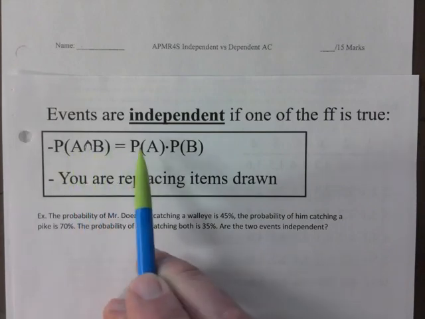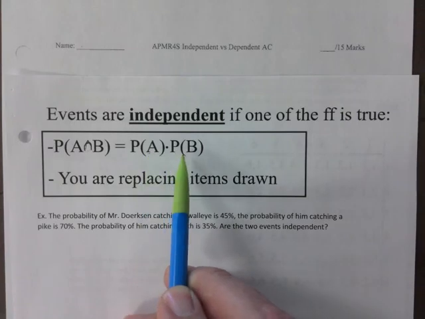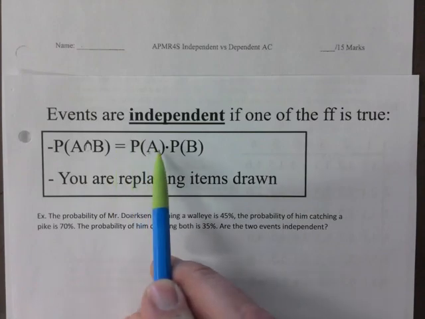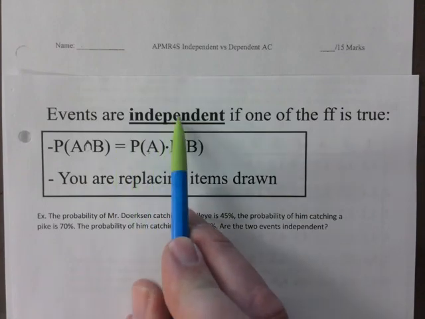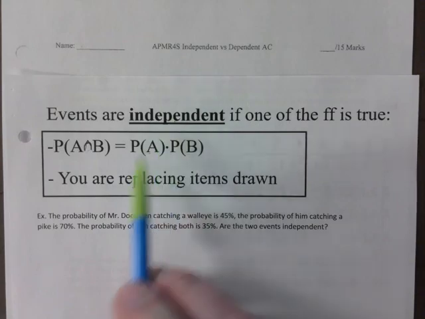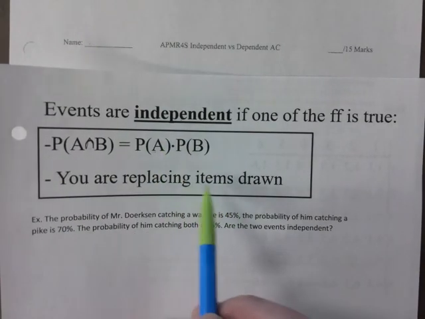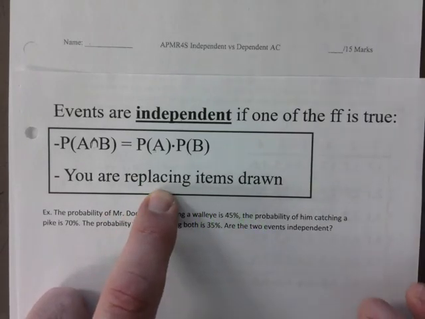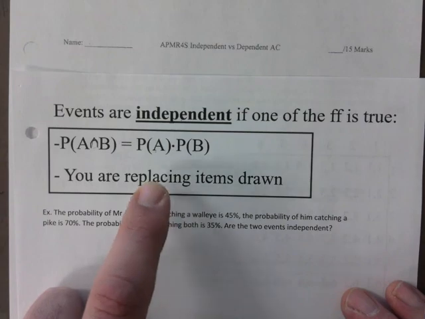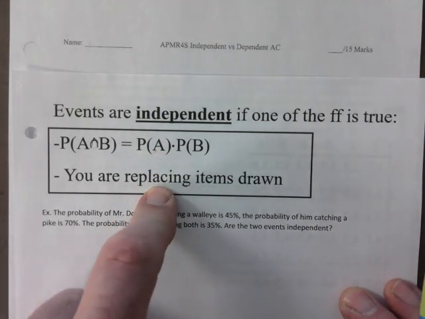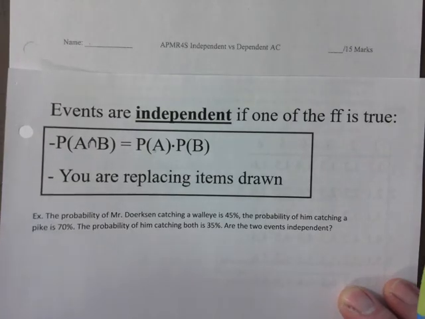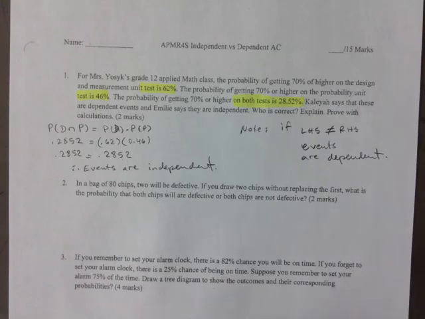Probability of A and B is probability of A times probability of B. So if you can see that the left-hand side is equal to the right-hand side, then the events are independent. If you're replacing items that are drawn, then if the question says that, then obviously these are independent as well. So either one of these gives it away, that they're independent. Okay? So we'll go back to that in a bit, page 50.